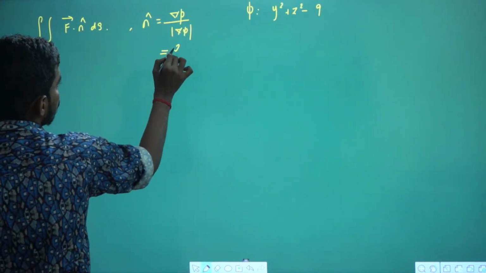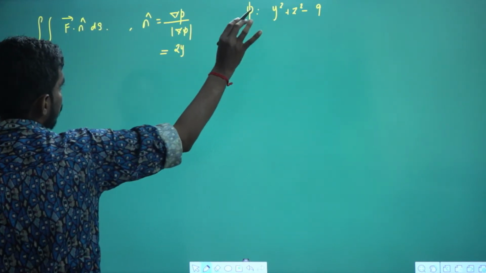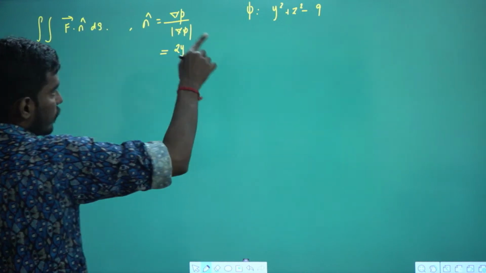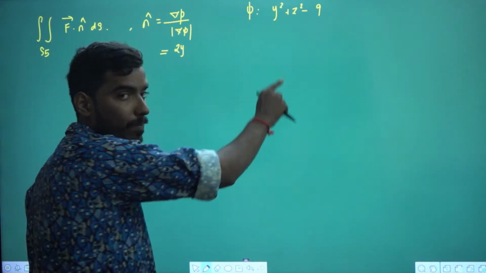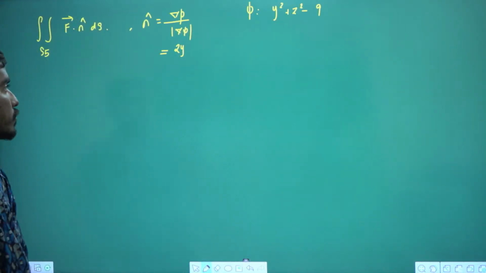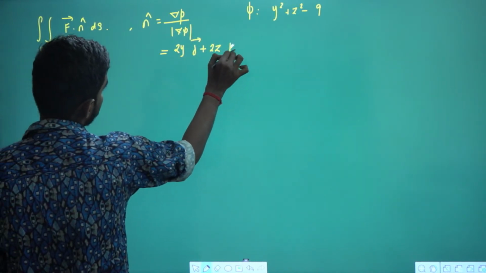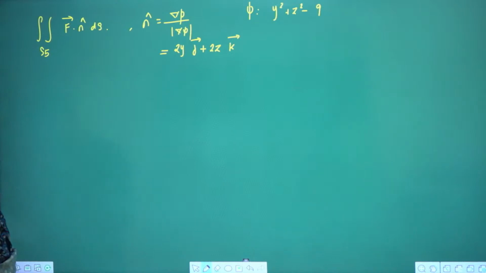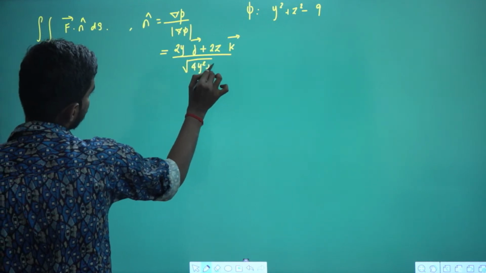So del phi is the partial differential with respect to x multiplied with the i vector, and your i component will be 0. So it will be 2y j vector plus 2z k vector, divided by root of 4y square plus 4z square.